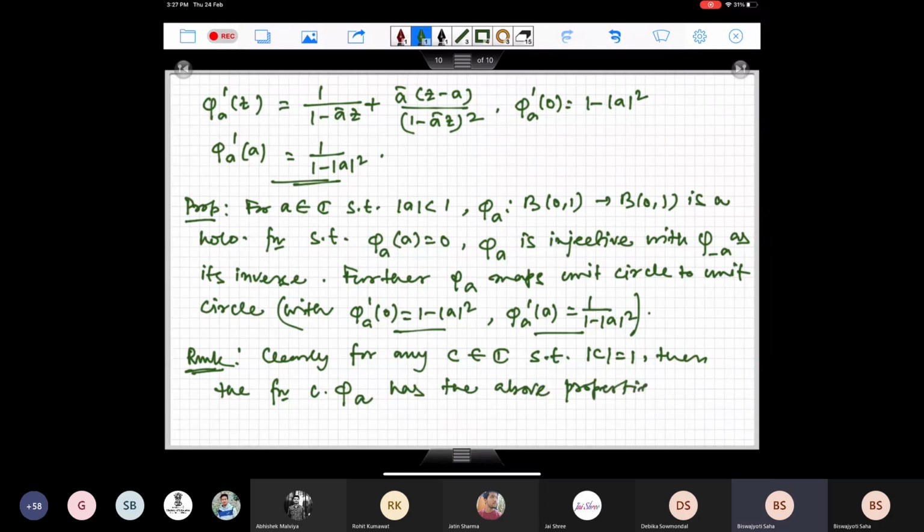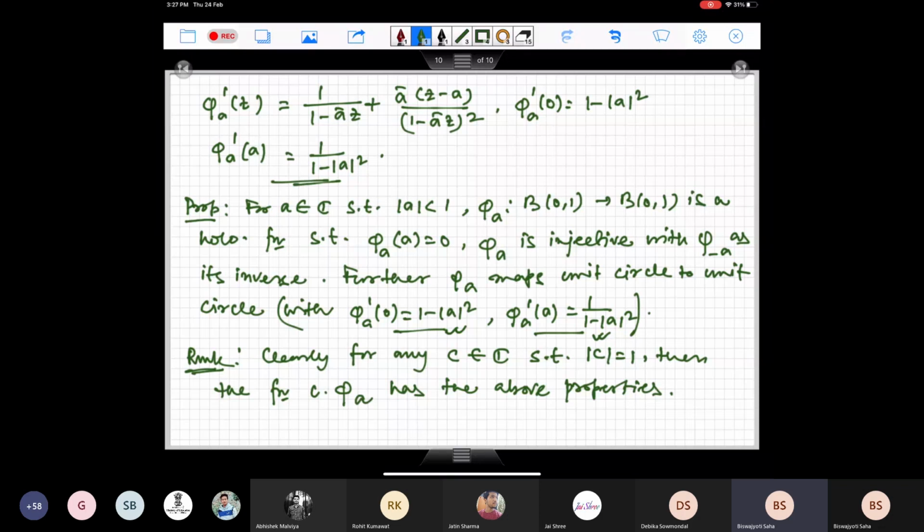The same properties hold for c times phi a also, because that's just a constant multiple, except that the value of the derivative will accordingly change. There will be a multiple of c at each place. That's why I wrote it in brackets. But in general, this is what we can get.